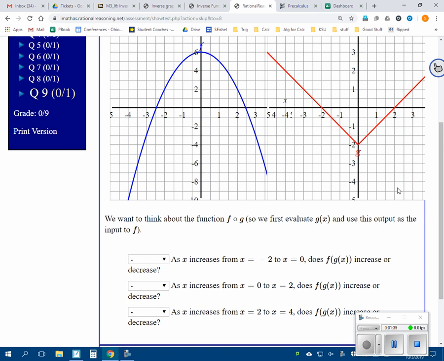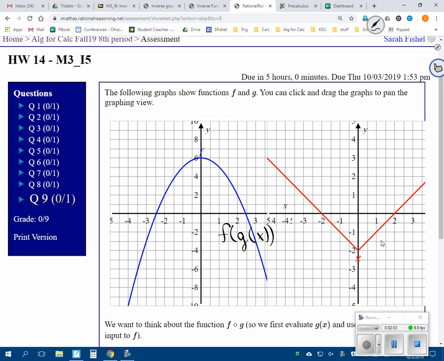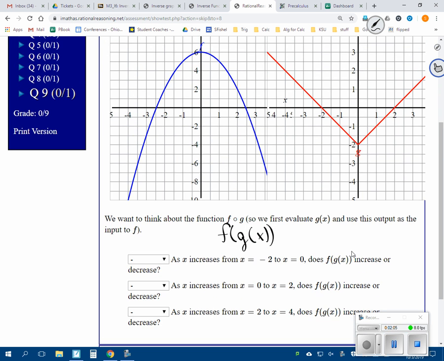Okay, so there's graphs of f and g. We want to think about the function f of g. So remember, that is just alternate notation of this. So first you're evaluating the inner function g of x, and then using that output as the input into f. As x increases from x equals -2 to x equals 0, we are looking at our g function first, looking from -2 to 0.